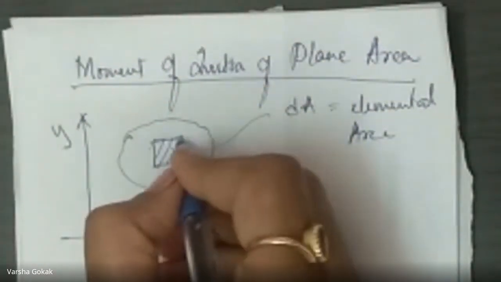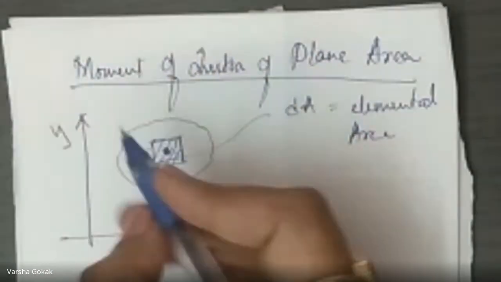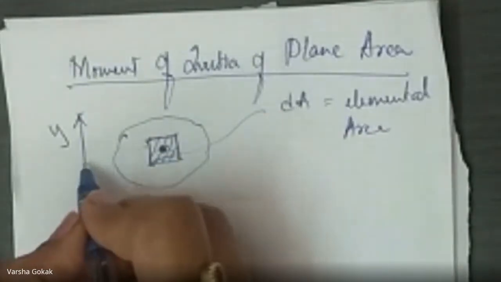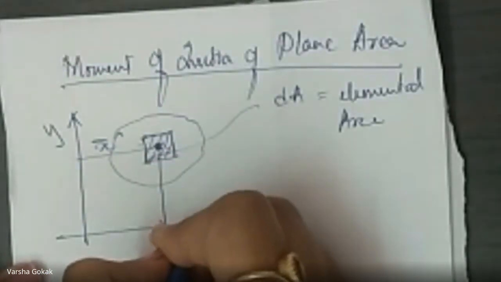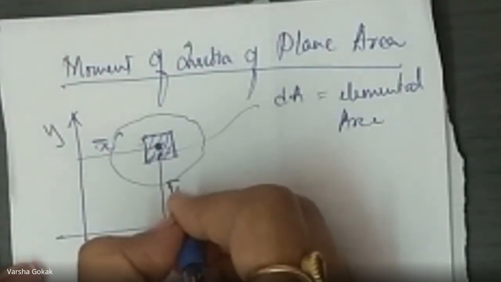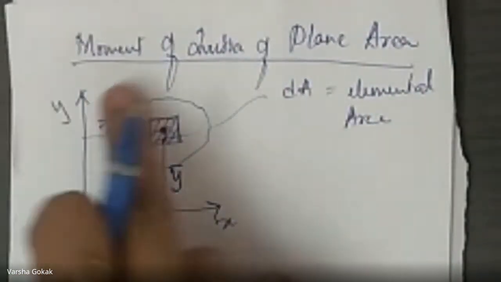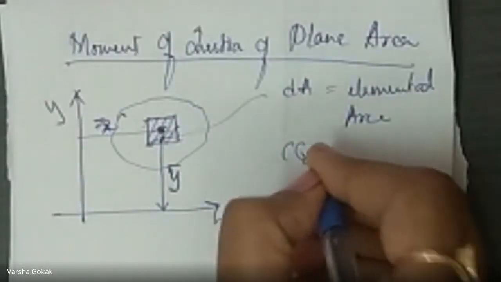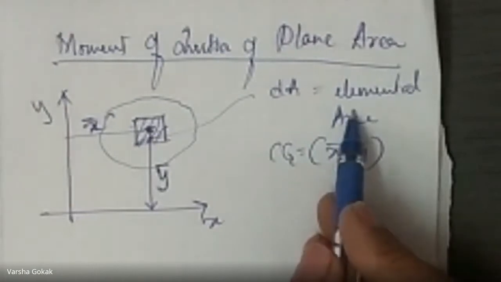Now this elemental area will have a CG, center of gravity, anywhere, right? So I'll mark this as CG. If I want to know the CG point of this, from here it is going to be at x bar distance, and from here it is going to be at y bar distance. Correct? X bar and y bar are the CG's coordinates for that elemental area.